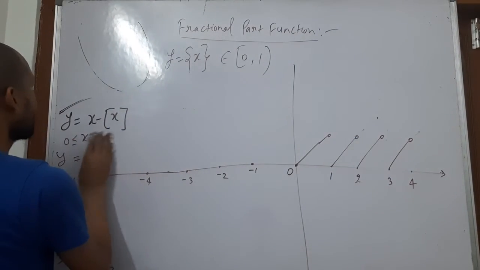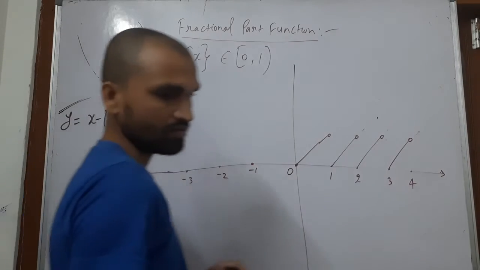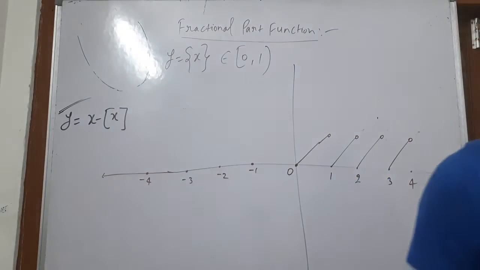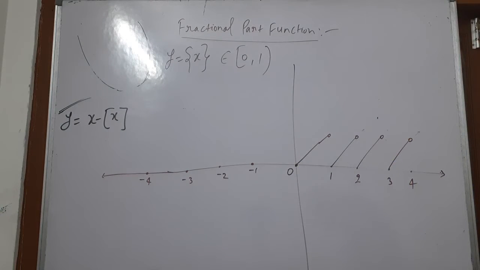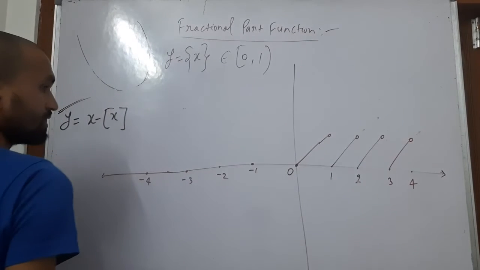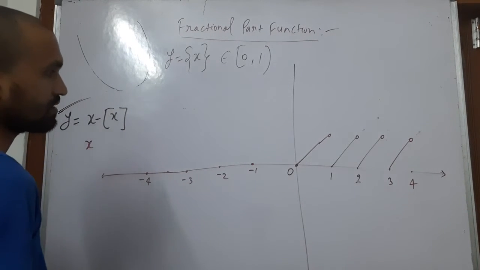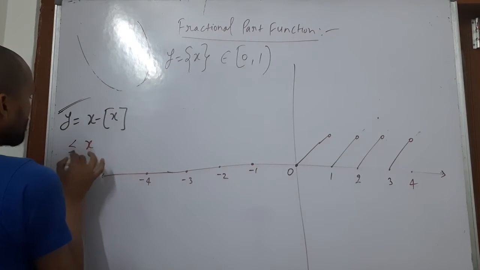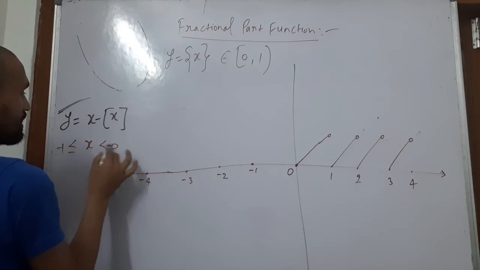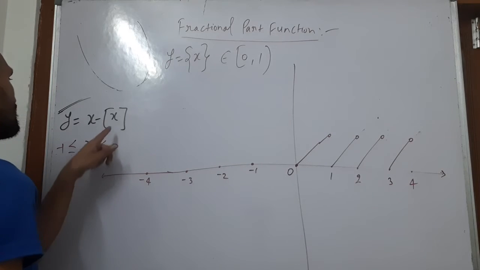What will happen when we take the values of the negative x-axis, when x is greater or equal to -1 and less than 0? The greatest integer will be -1.